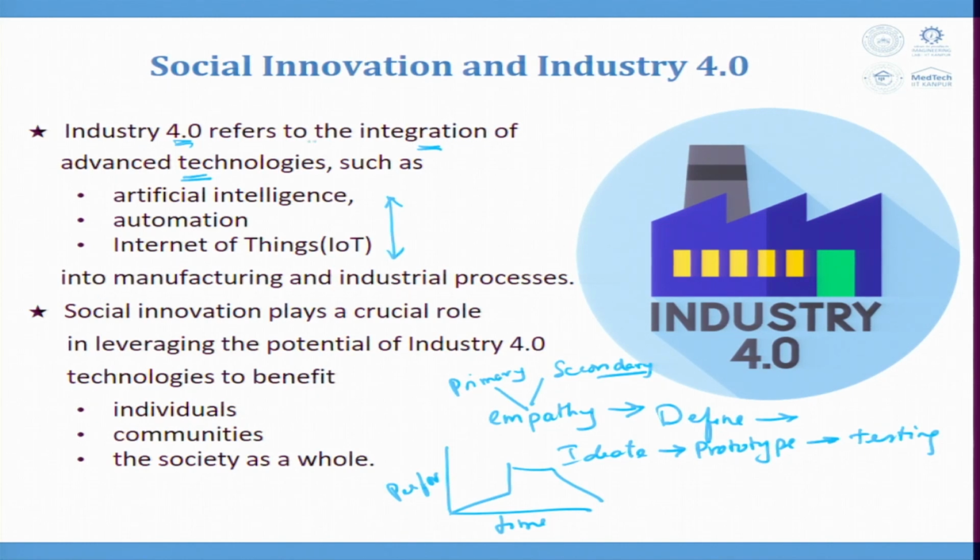So, Industry 4.0 refers to the integration of advanced technology such as AI, automation, IoT into manufacturing and industrial processes. Social innovation plays a very crucial role in leveraging the potential of Industry 4.0 technologies to benefit individuals, community and society as a whole.